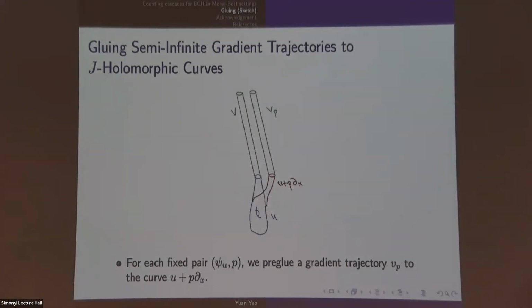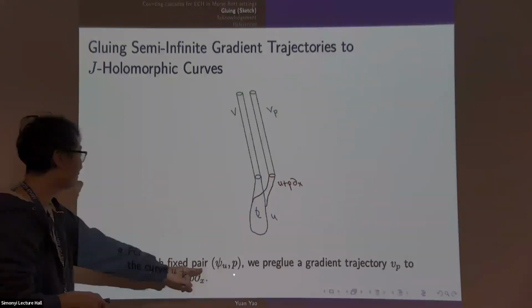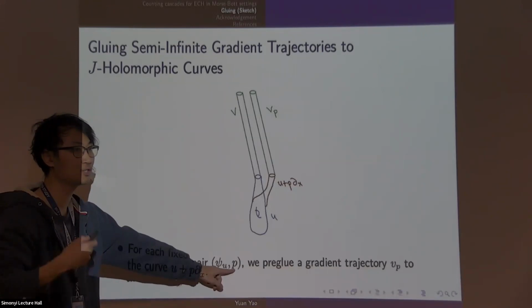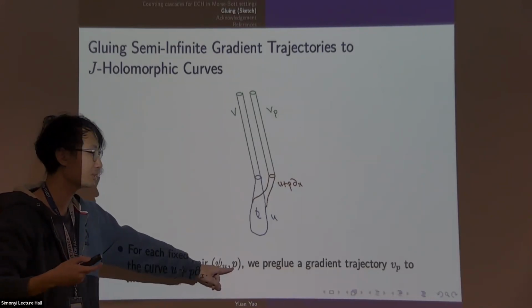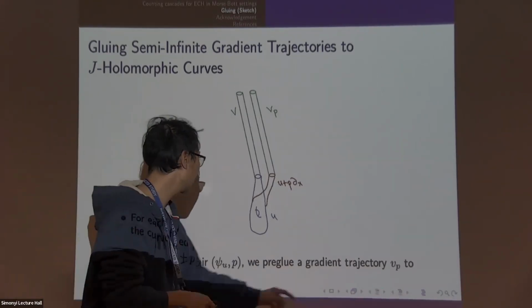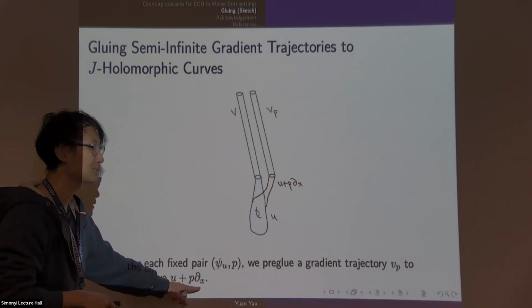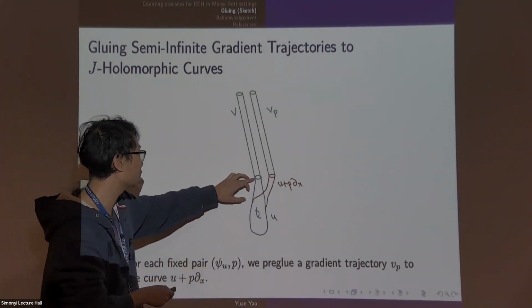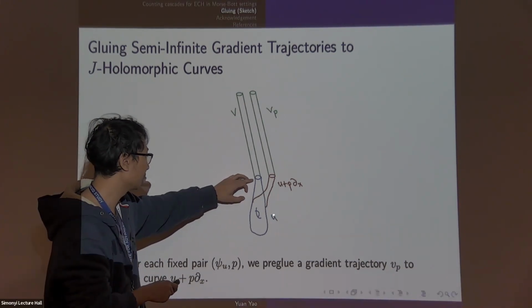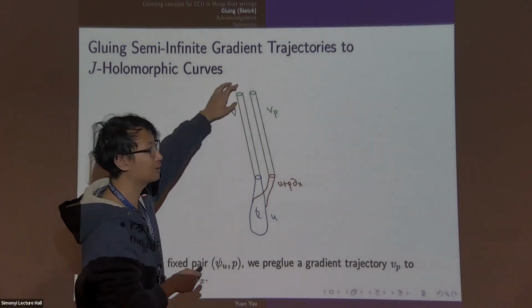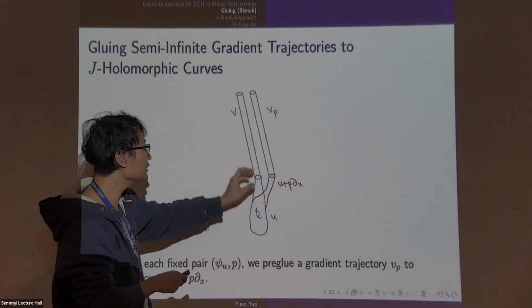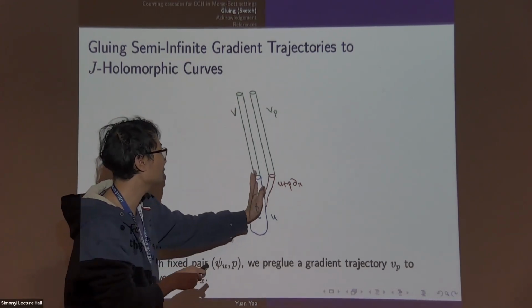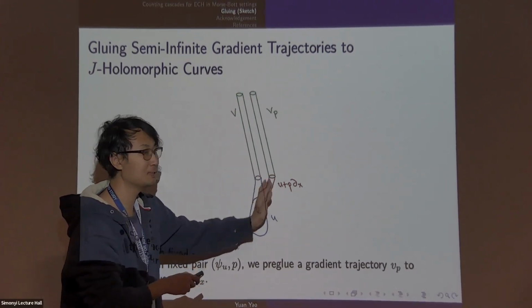Does that make sense? Sorry, can you repeat that? So for each pair psi u and p, which is a space of deformations of u, I pre-glue a gradient trajectory to u plus p dx. If everything was zero, I would just take u and take a gradient flow from here. For non-zero values of p, u plus p dx corresponds to moving this end by p.